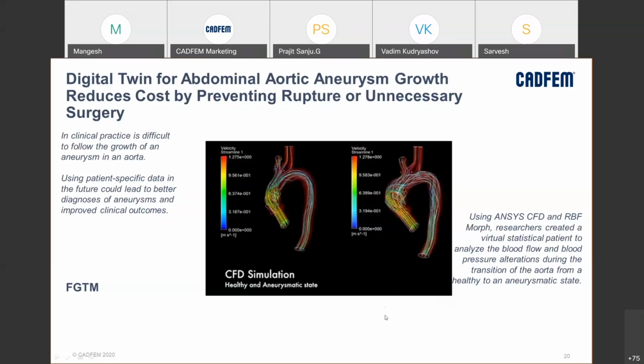Maybe the doctors can decide up to what time this kind of swelling of that artery will be fine, and at what time we should take some actions to avoid it.